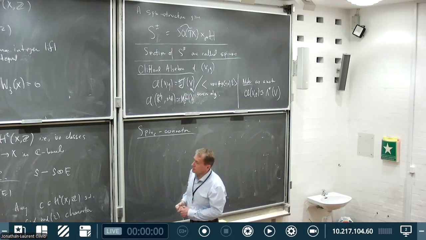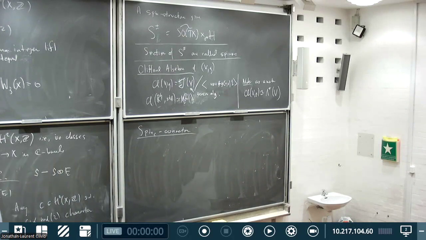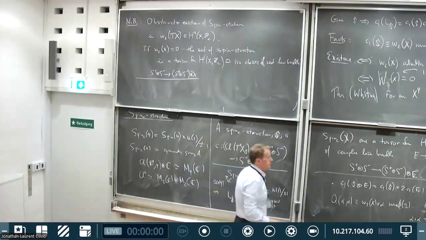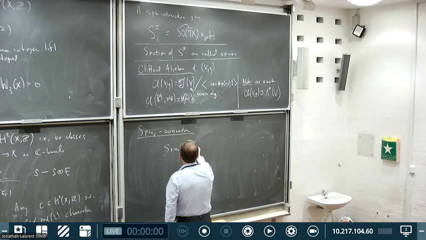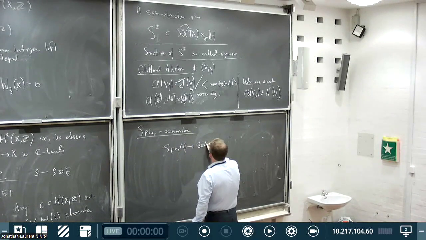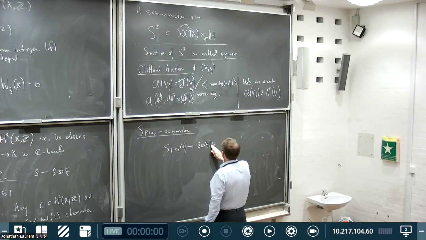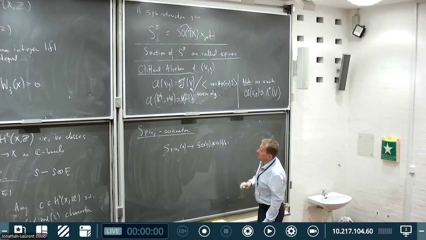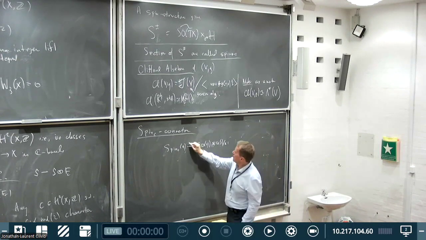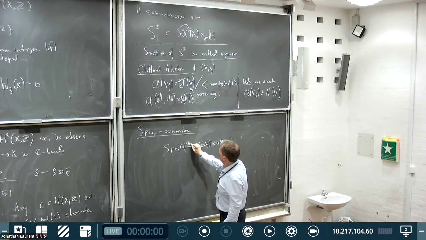Now, things are a little more complicated for this, let's call it the spin C case, but spin C4 maps to SO4 times the circle, by the determinant.